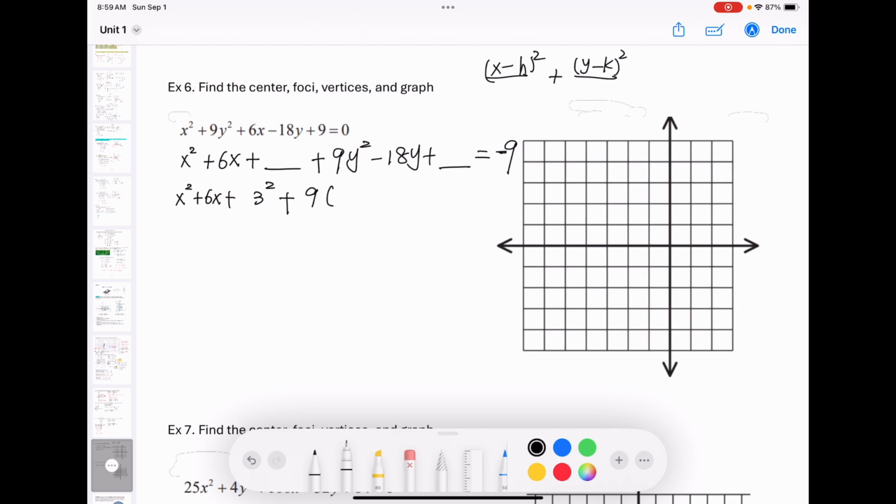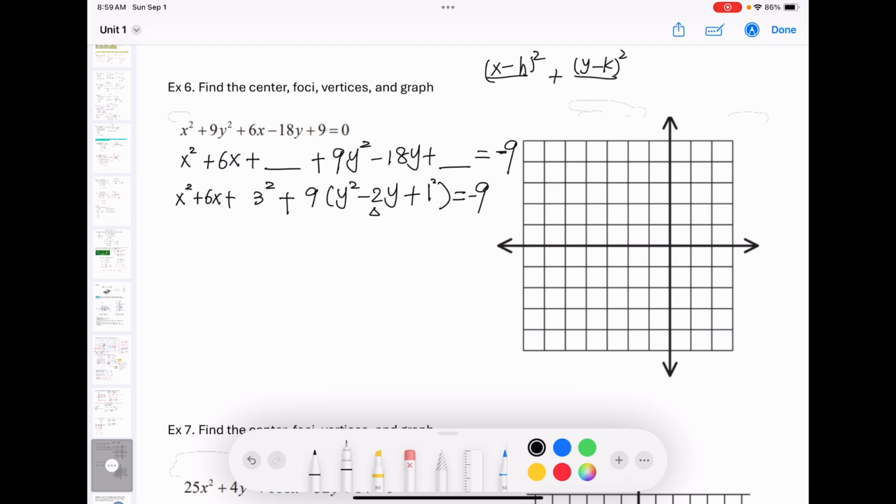Factor out the 9, we have y squared minus 2y. We need something to make a perfect square. We should find half of the 2 and square it. Half of 2 is 1, 1 squared is 1. And on the other side we have negative 9.